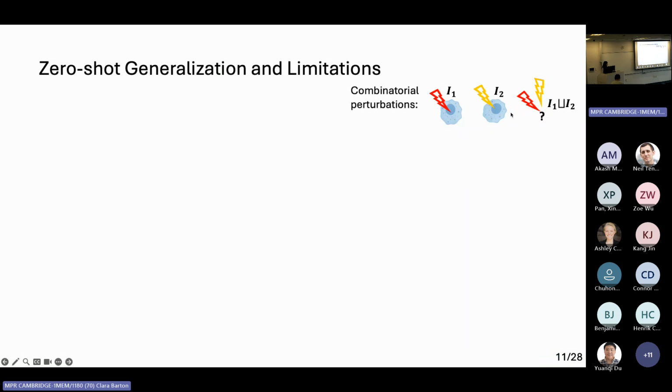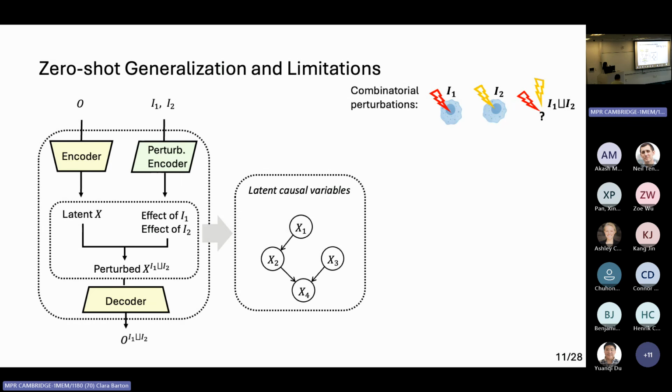Now we're interested in what the effect will look like if I perform a combination of perturbations of both gene 1 and gene 2 on the same cell. You can do this in a zero-shot manner after you train the model with just the single perturbation effects. You just input both I1 and I2 to the perturb encoder, encode both their effects, and then propagate their effects to downstream variables to get the perturbed version of X under I1 and I2.